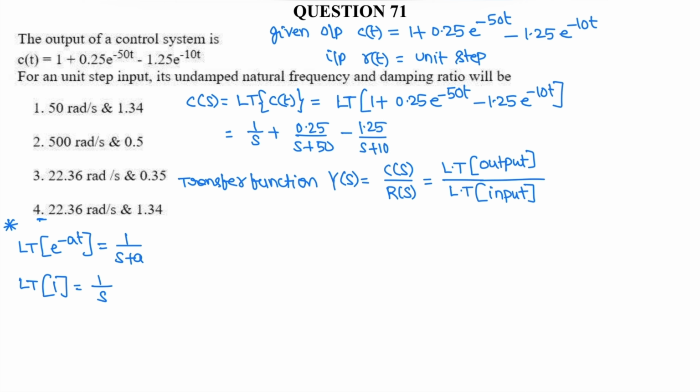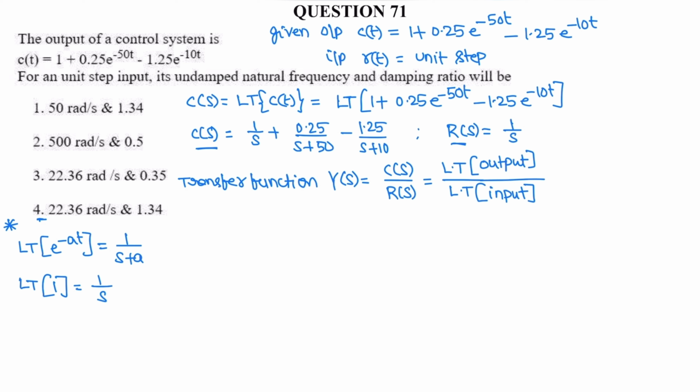So this is the expression for output C of s, and for step input R of s, the Laplace transform of the unit step function is 1 by s. Now the transfer function is the Laplace transform of output to input, so it is C of s by R of s.